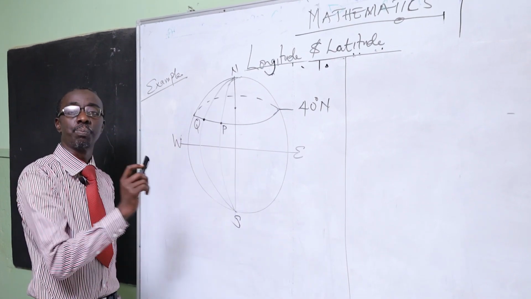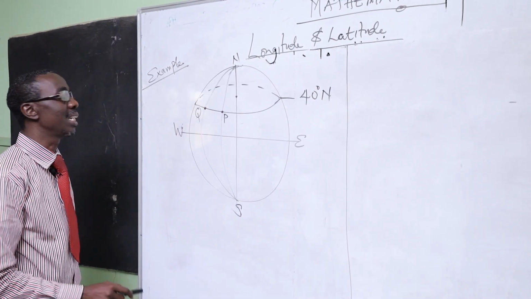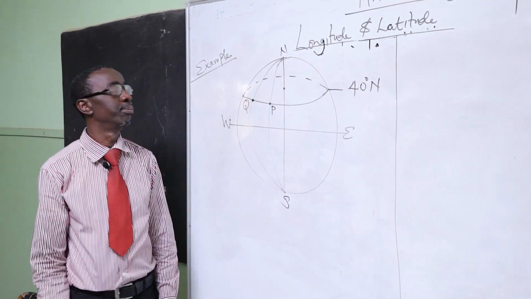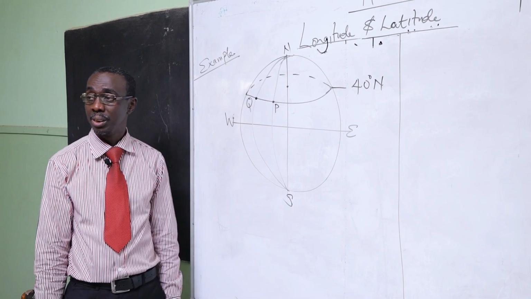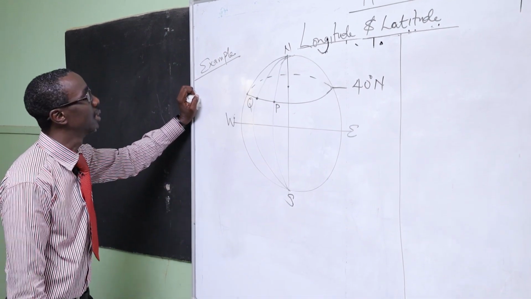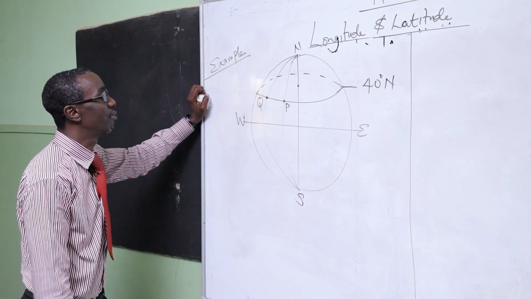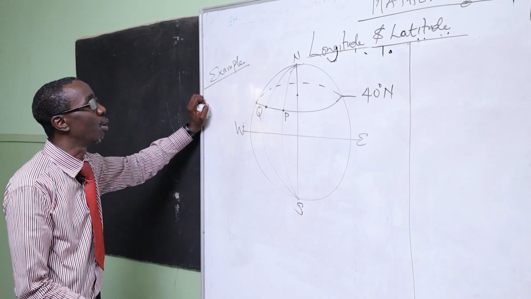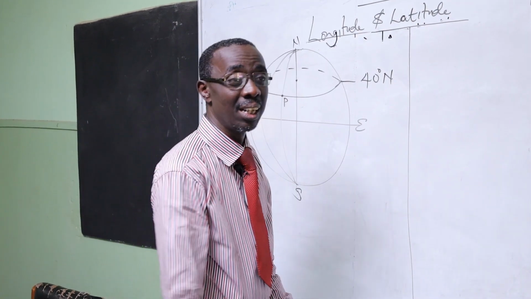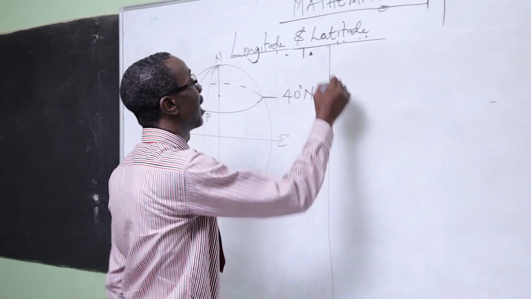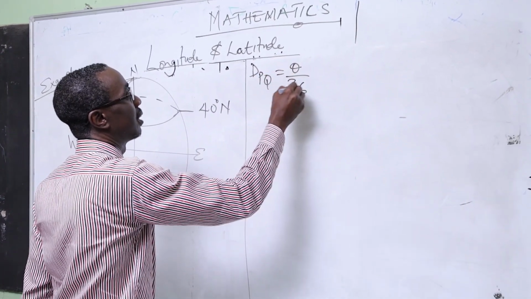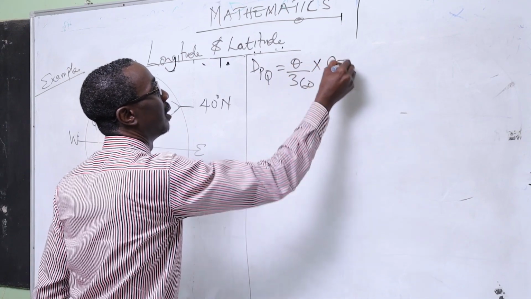So this problem is a small circle problem because I can see two longitudes placed on the same what? Latitude. Therefore, if it is a small circle, the first thing that should cross your mind, even when they are not asking you yet, is that the distance between P and Q is theta over 360 times 2 pi small r.